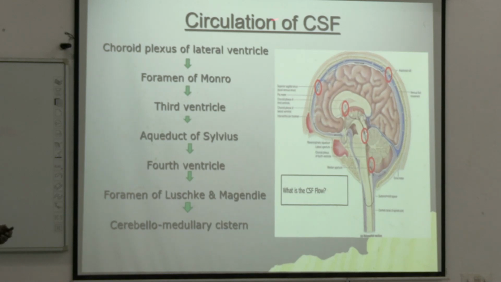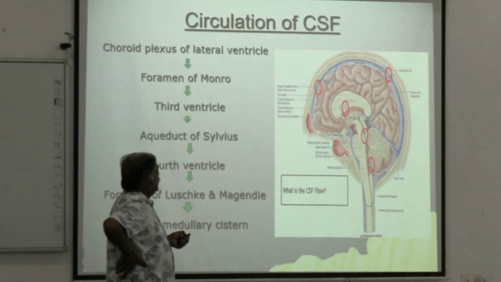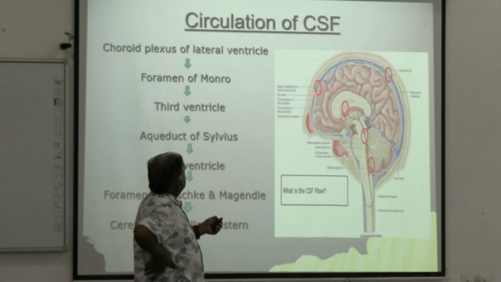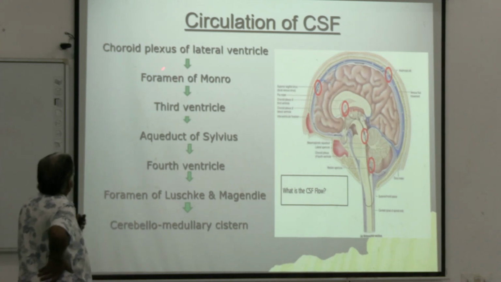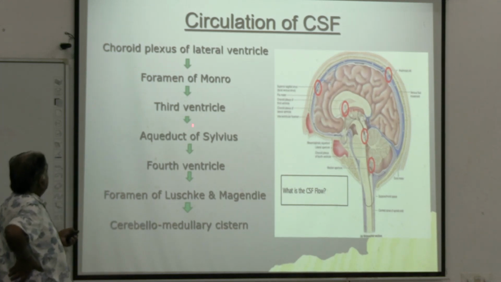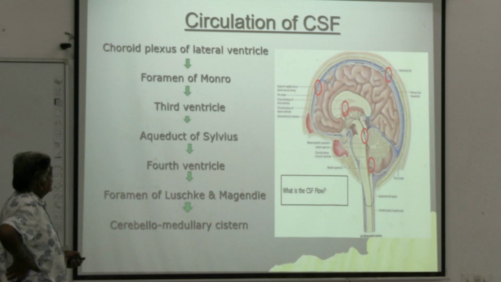This can be a short question: what is the CSF flow. Now you can see the different levels: choroid plexus of lateral ventricle, foramen of Monro, third ventricle, aqueduct of Sylvius, fourth ventricle, and foramina of Luschka and Magendie and cerebellomedullary cistern.